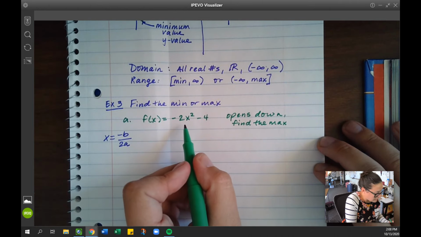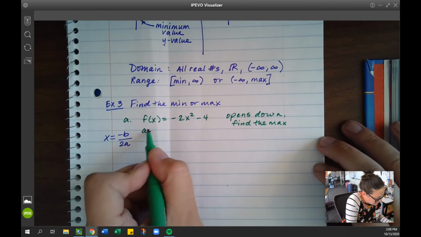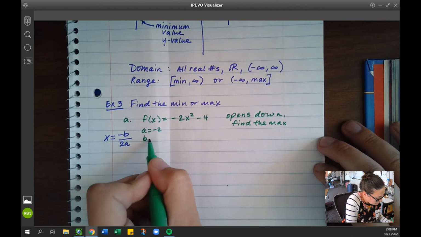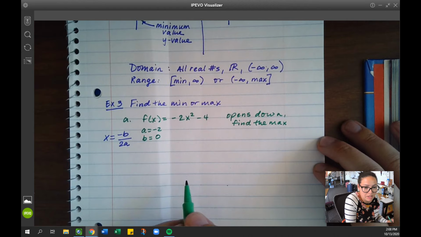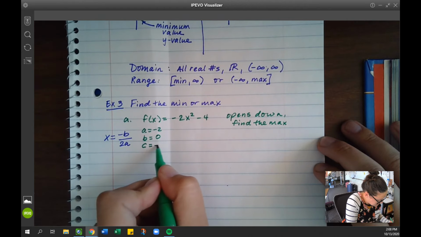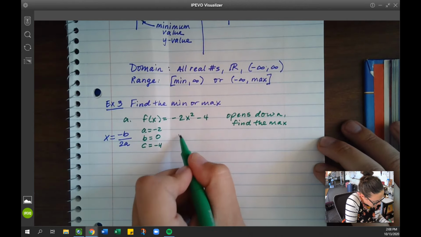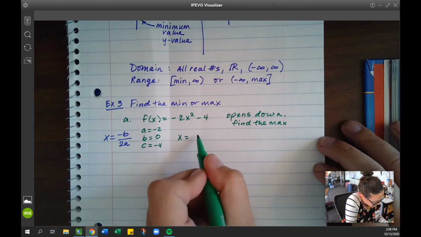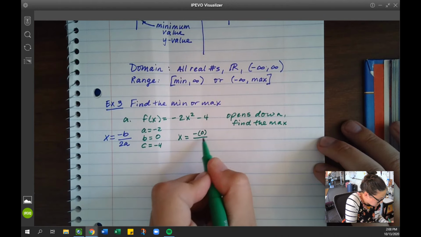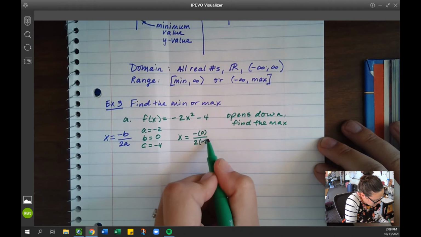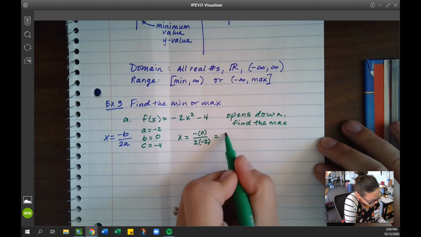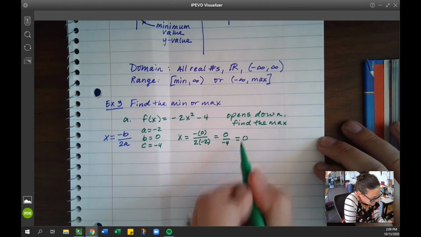Well, in this case, a is negative 2. B is actually 0 because there's no x in the middle. And C is negative 4. So when I plug this in, I'm going to have negative 0, which is still 0, over 2 times negative 2. Well, 0 over negative 4, that's okay. That equals 0.